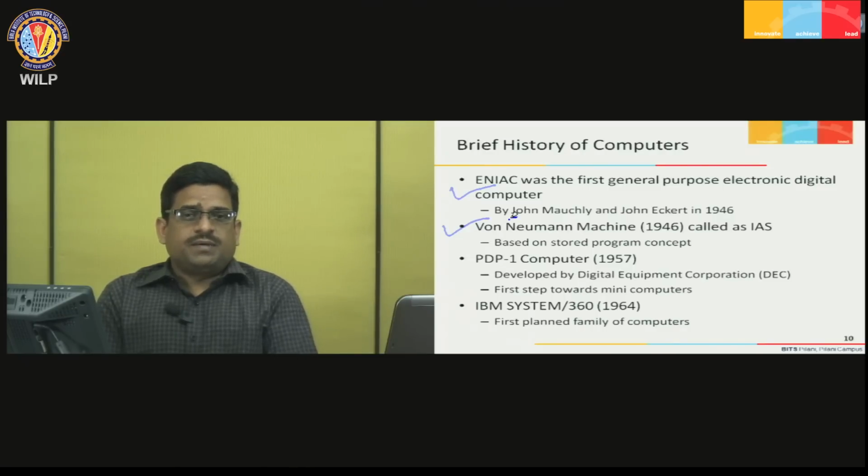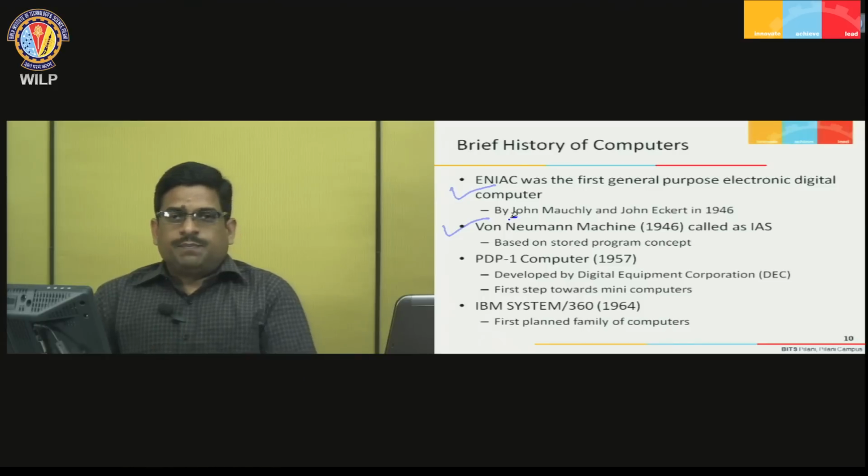From this Neumann machine, we get the basic concept of storage, means the data can be stored and the computed result can be stored, and whenever it is required, the same operation need not be executed again and again. You can store the data and retrieve it as per your requirement. So, it was a major milestone.